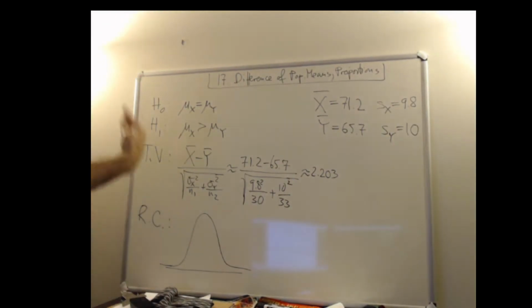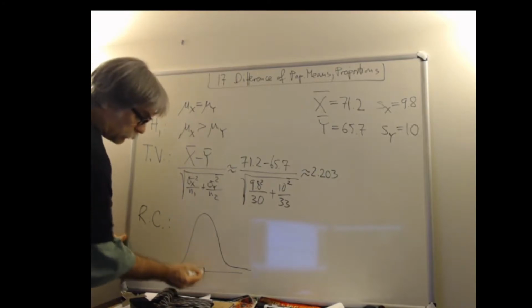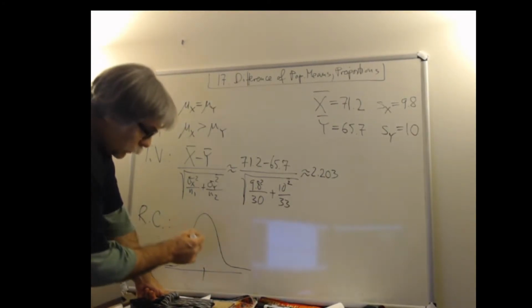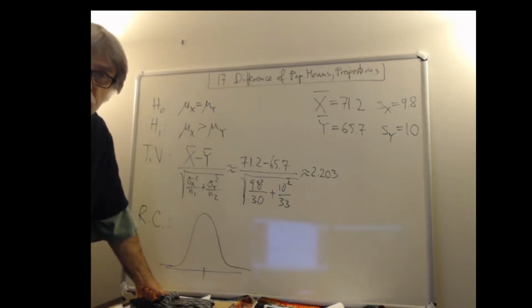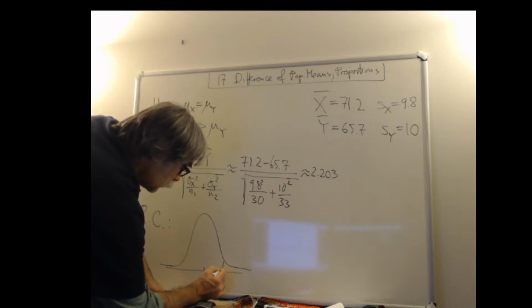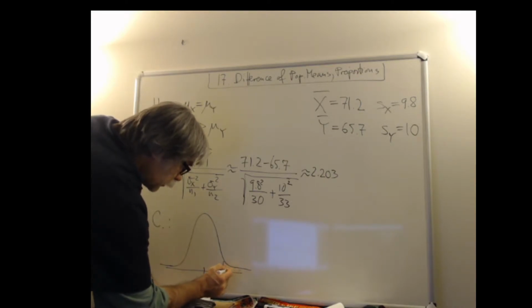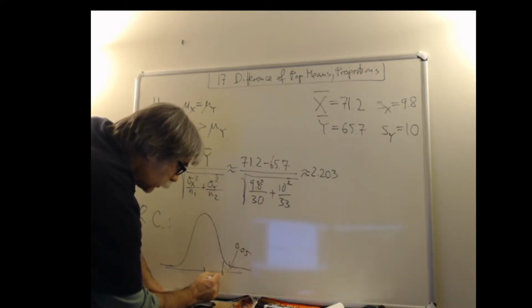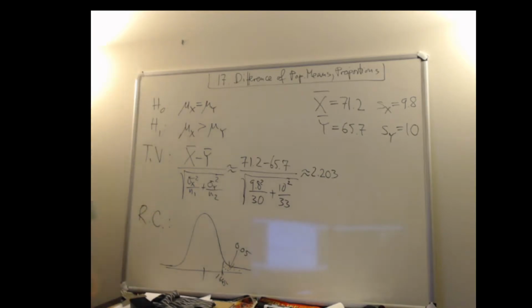And now the question is, do we have rejection? Rejection criterion. We're going to use a 5% significance. When you have nothing better, that's a customary one. So right tail, we know that the Z critical value for the right tail of 5% must be 1.645, right?